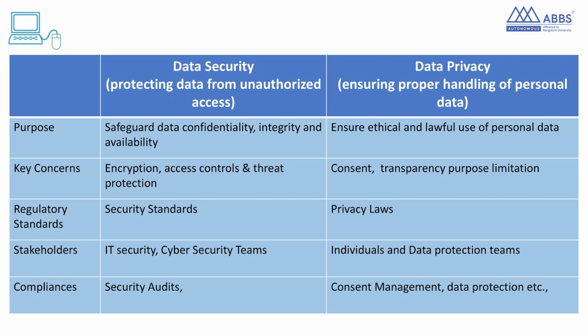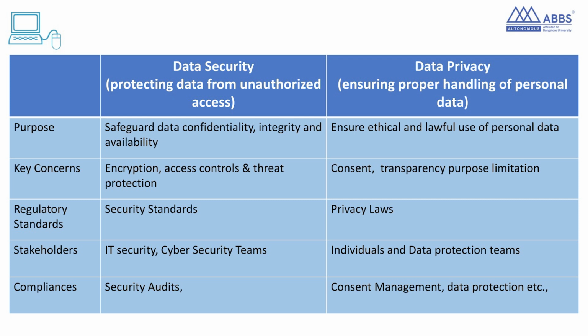Similarly, when we talk about the regulatory framework, data security is all about security standards like ISO and NIST. When it comes to data privacy, it is more about privacy laws, and every country has a different set of privacy laws, like data privacy and data protection laws, which we are going to discuss after these differences.